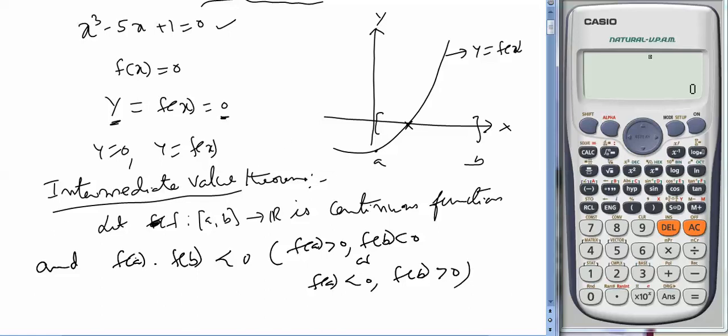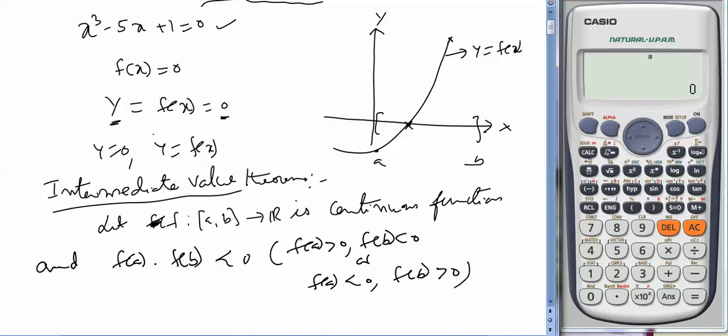The product of f(a) and f(b) is negative. If you observe this diagram, from a to the point of intersection, the function values are negative, and after the point of intersection, the function value is positive.